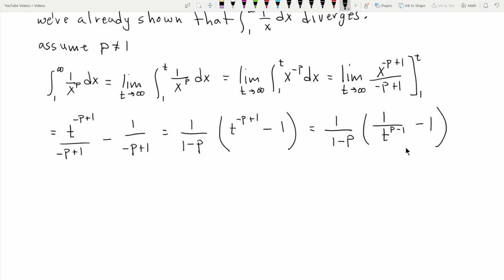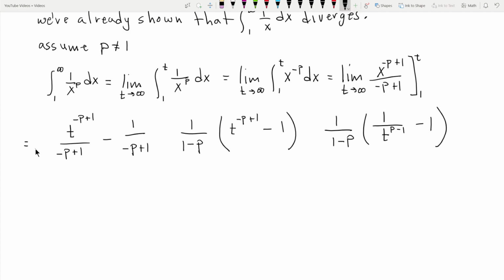Okay. I think that's enough. So what we need to do is see what happens to this when we take the limit as t goes to infinity, which I literally dropped at every single one of these steps. All right, if you've never seen it before, there's a shorthand that I'm going to have to squeeze in here for the limit.